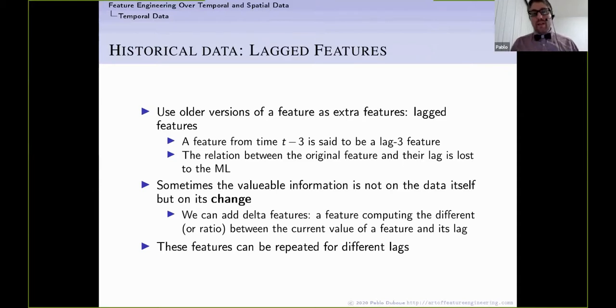So that gives you the idea of lagged features. Yes, you have the value of a feature today, and then you have the value of the feature 3 years ago, at t-3, so it's a lag 3 feature. And many times you don't actually want the value, but you want an idea of how much the feature is changing over time, some idea of the velocity of the data. And so you can add delta features, and you can compute the difference or the ratio from the current value.